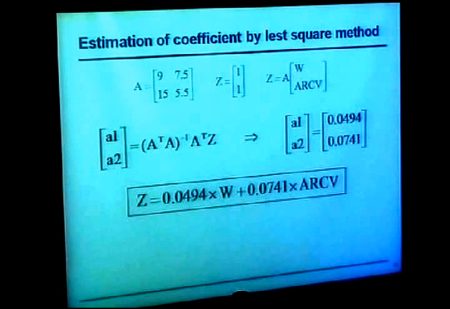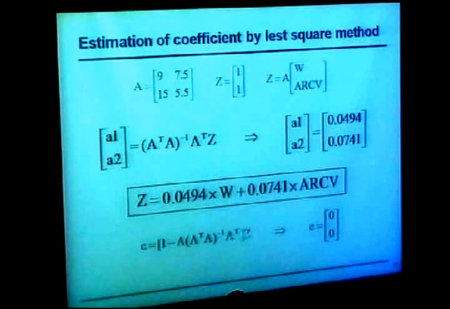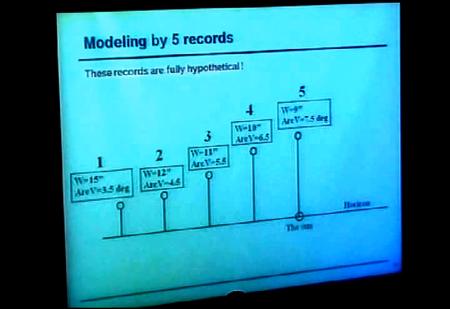Result: Z equals this, you can see it. In this case we have no modeling error because the number of coefficients and number of observations are equal.